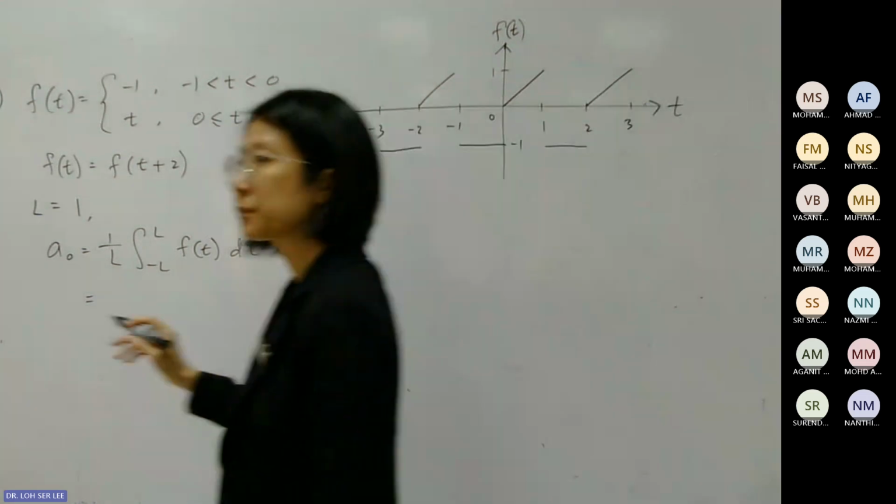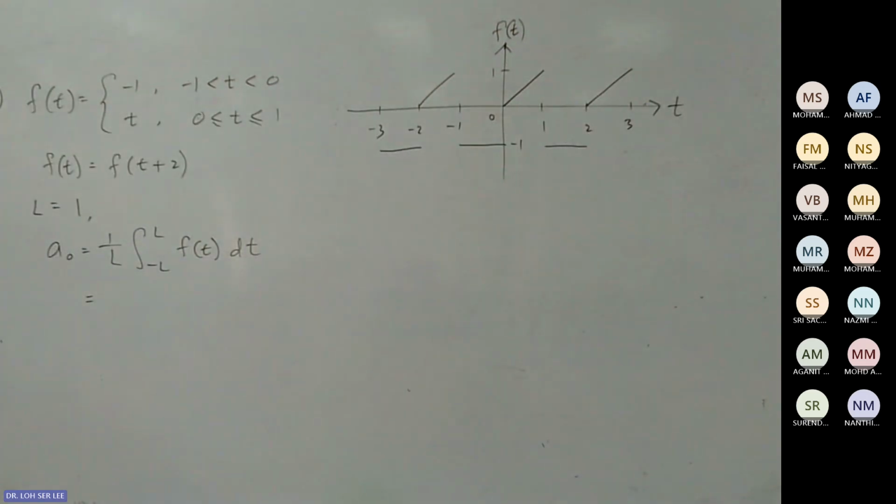Have you got your A naught? Your A naught should be negative half.